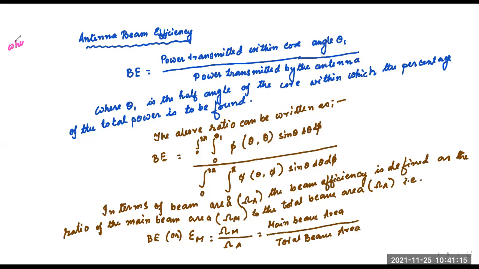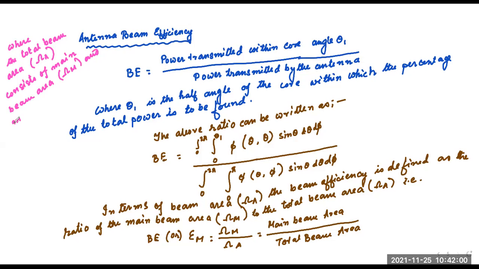Right here, the total beam area, that is sigma A, consists of main beam area sigma m and minor lobe area sigma small m.